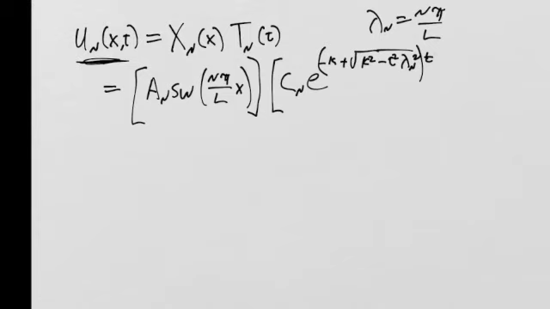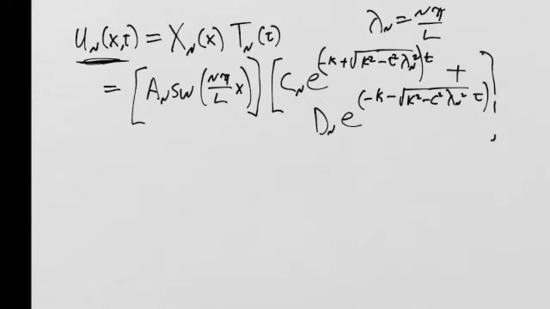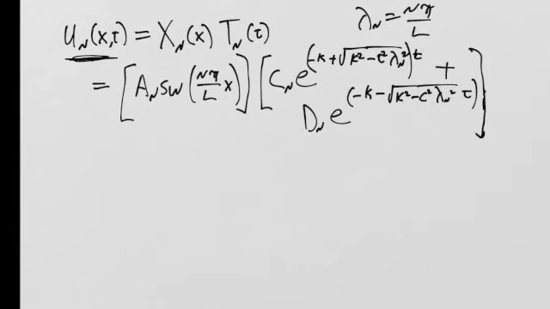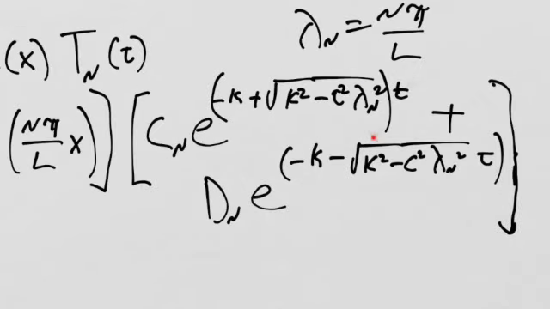And then, I'll just write it underneath, you have Dn e to the minus k minus the square root of k squared minus c squared lambda n squared times t. And then the closing bracket would be over here. Let me move it over a little bit. And so what you have here is this sum now, and the only difference between this and this is this minus sign right here.